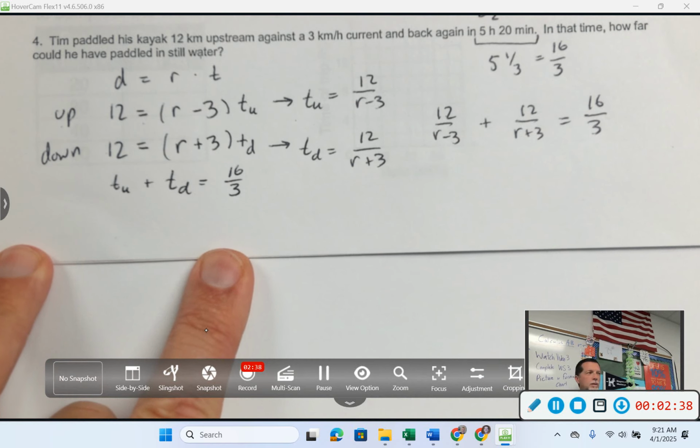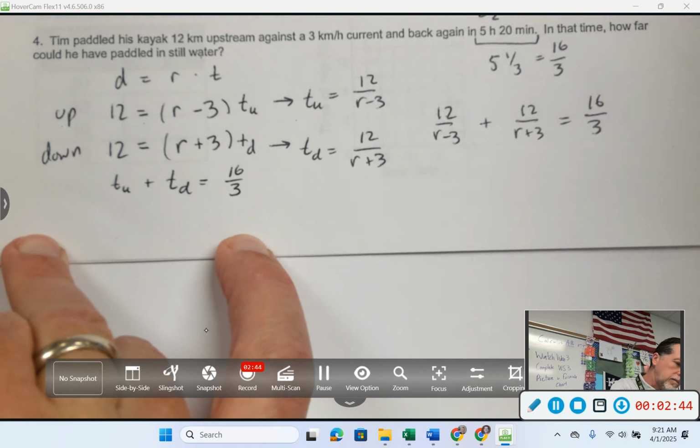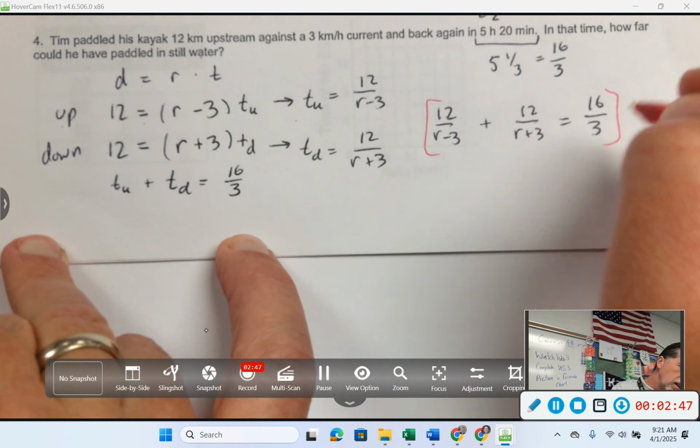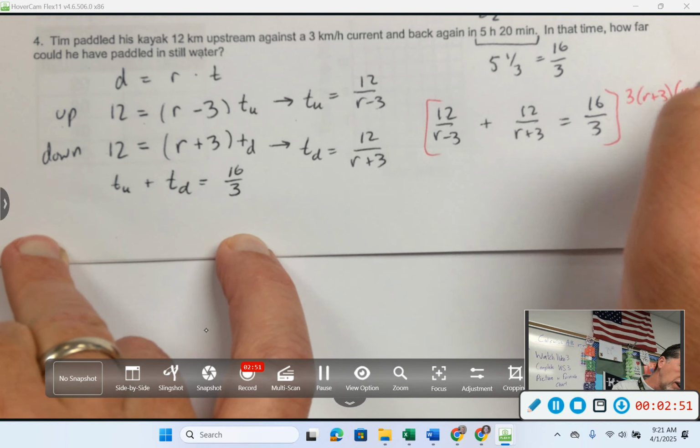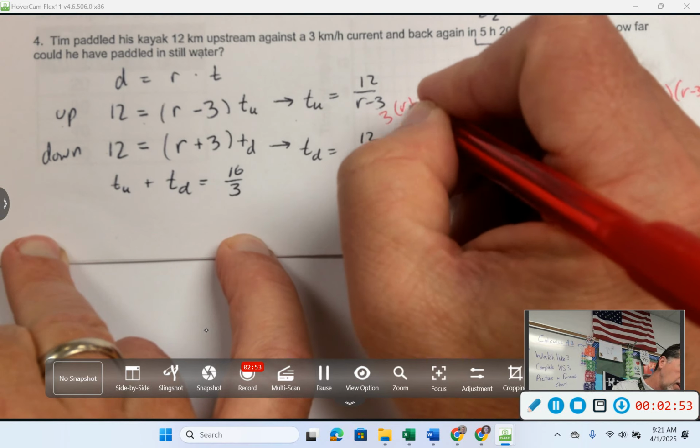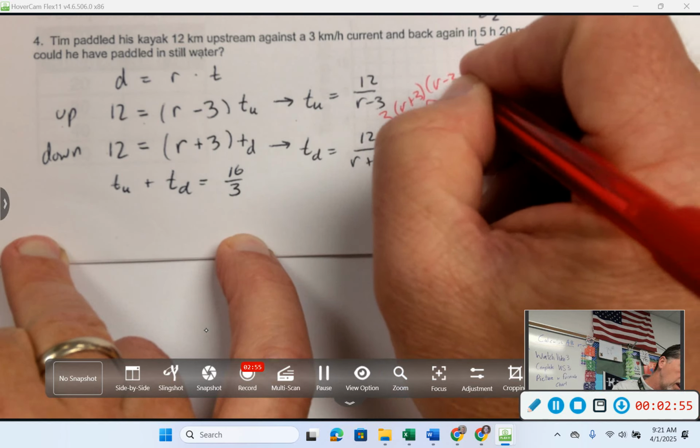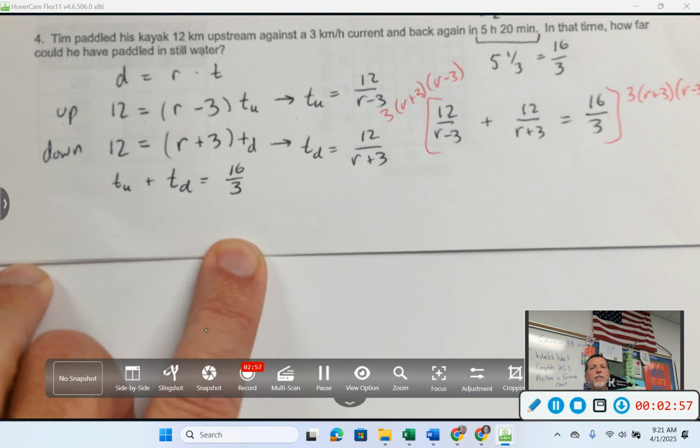And now it's a problem just like Friday's problems, where we want to multiply through by something to clear out all the denominators. Probably a 3 and an R plus 3 and an R minus 3. That would be the only way to cancel everything.